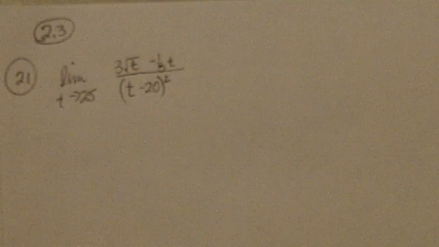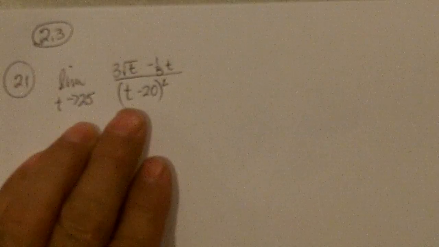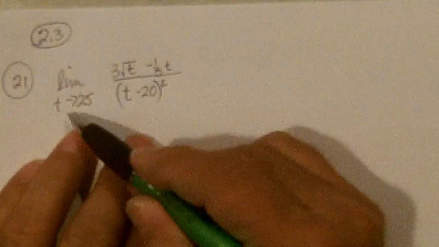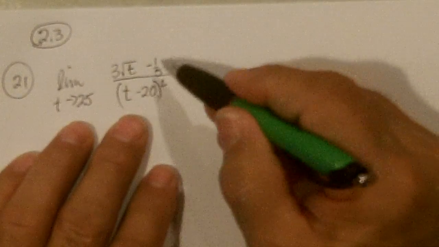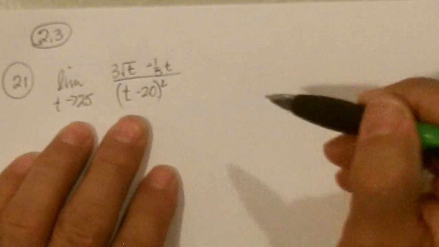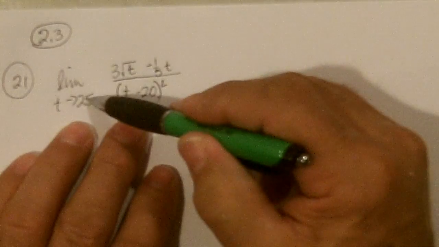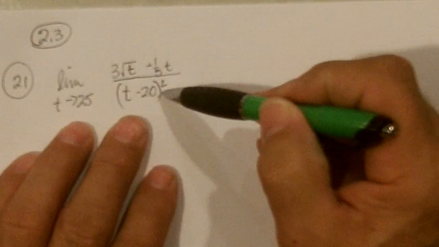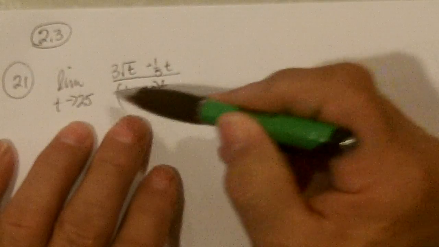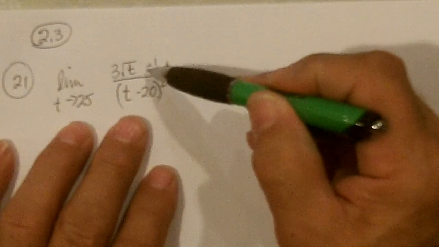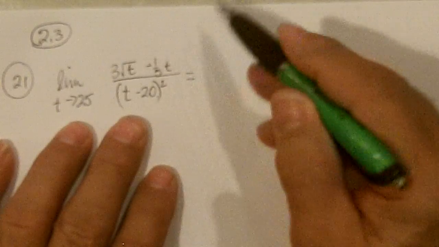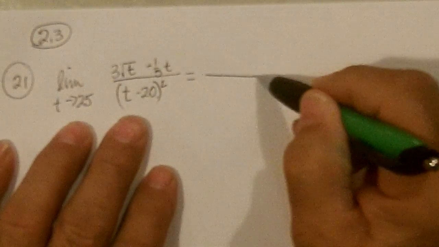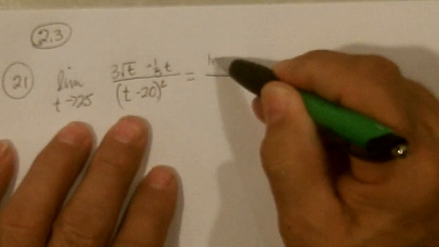All right, 2.3, we were supposed to use the limit laws to find the limit of this as t approaches 25. Well, first of all, we have two quantities divided, and as long as it doesn't create any undefined situations, we can go ahead and split this up into the quotient of the limits.